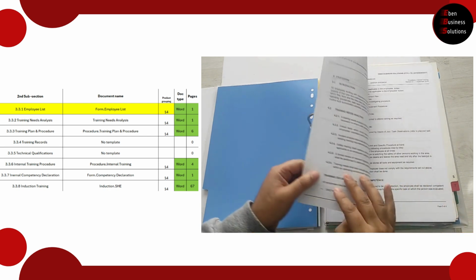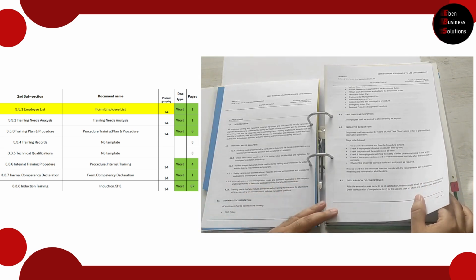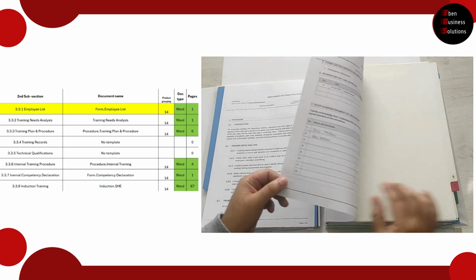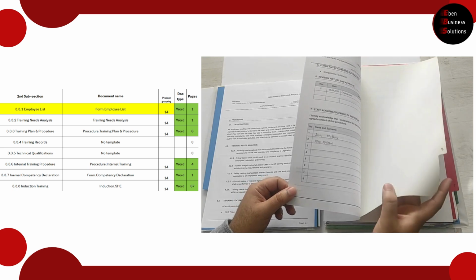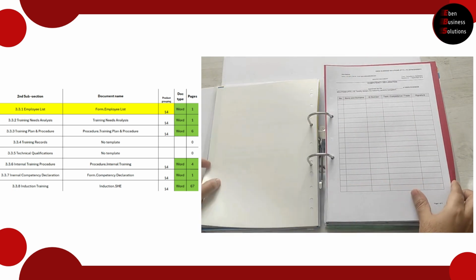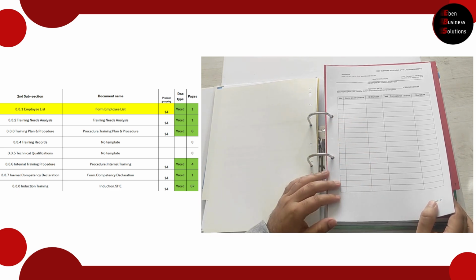So if you want to train employees internally, then this is the process to follow, and also to evaluate that they have learned what they were taught. Then the next section is the competency declaration for certain tasks or competencies or trades that certain employees have completed.